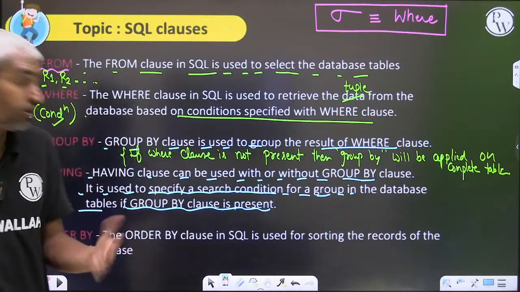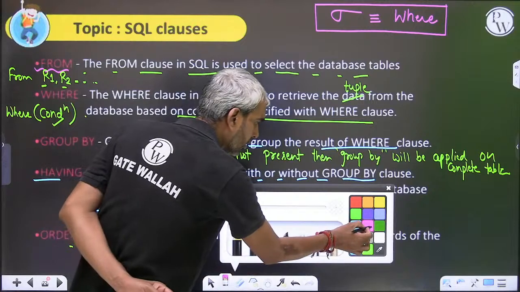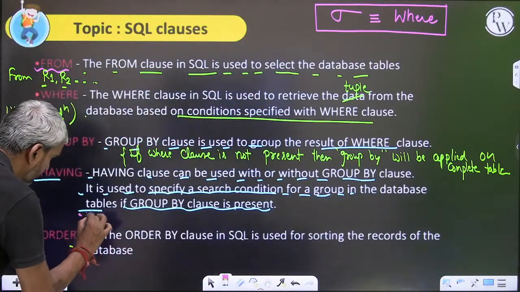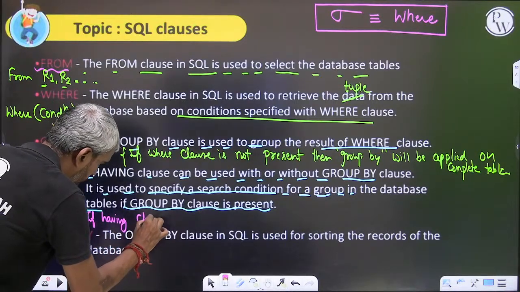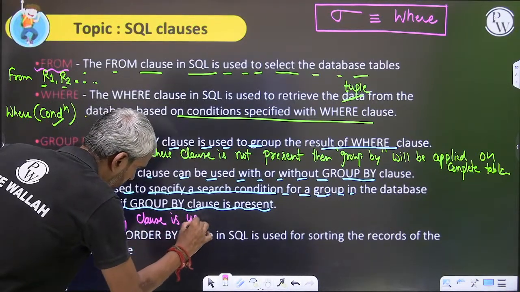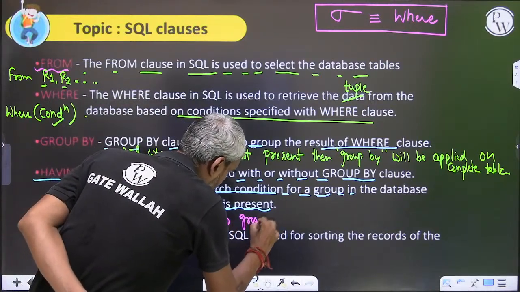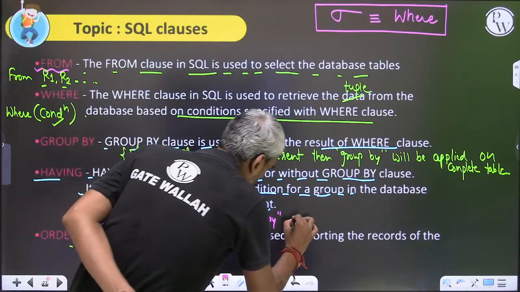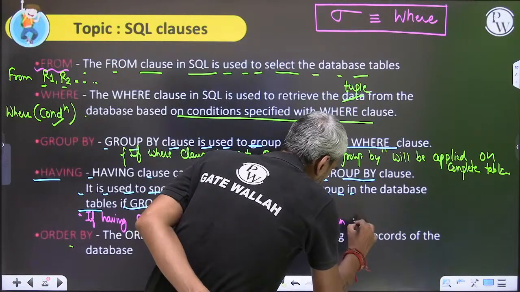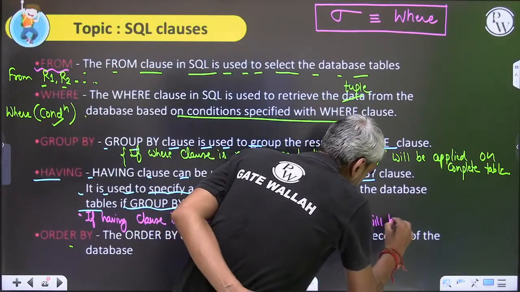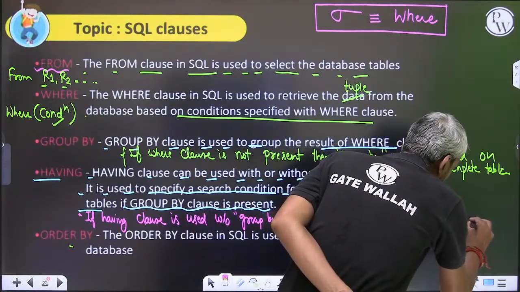What if there is no group by clause? So please note down. If a having clause is used without a group by clause, then it will be the same as the where condition.